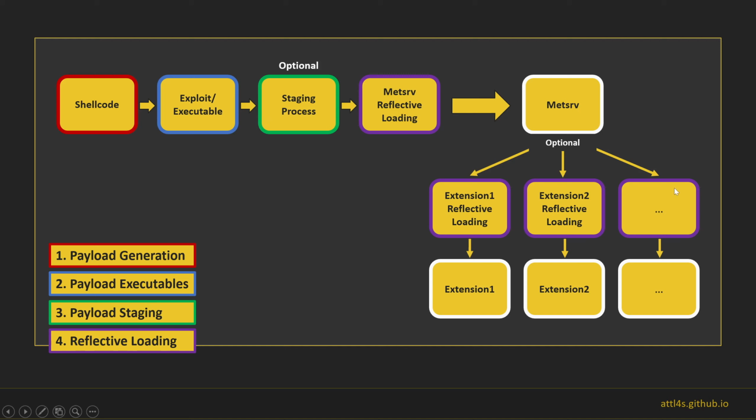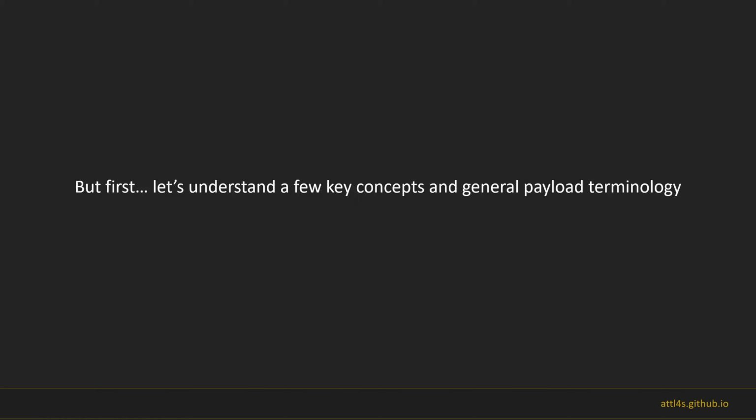Okay, we are going to understand each of them. So before starting with the generation, let's talk about key concepts and key terminology that everybody should know in this area.